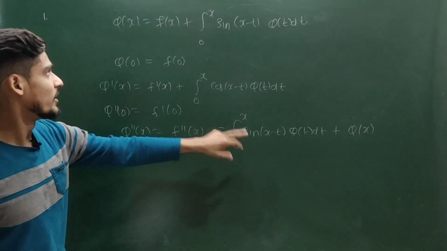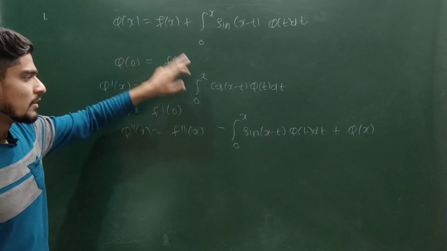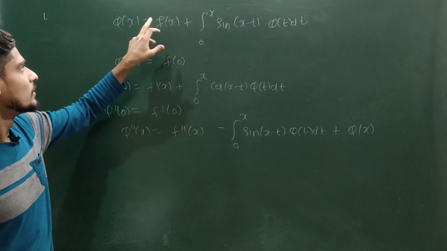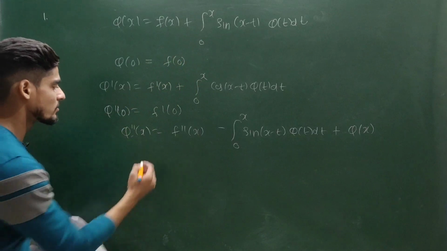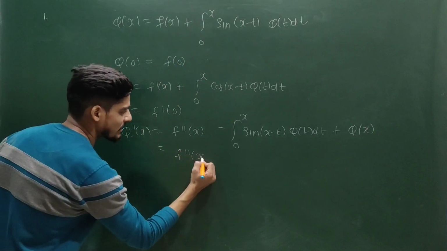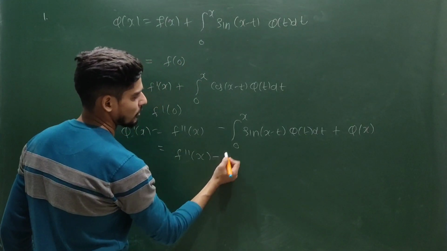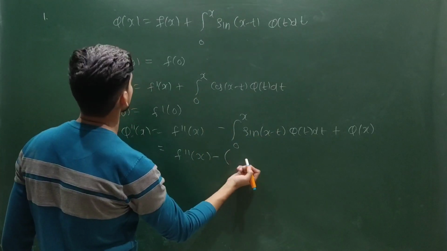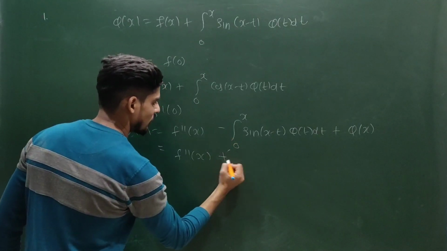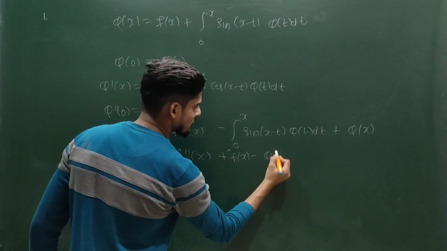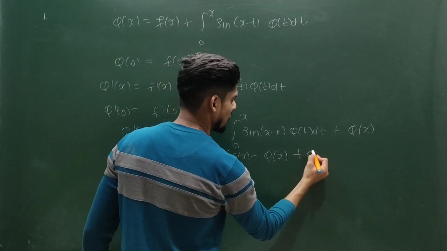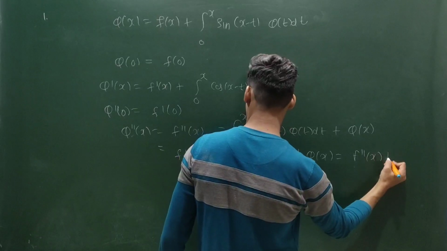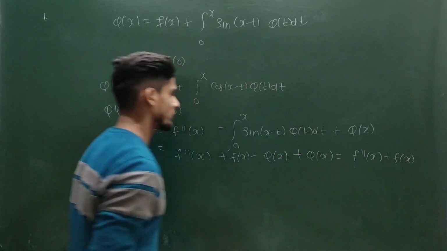Can I put this value from this equation? Minus of integral 0 to x sine x minus t phi t dt will be f x minus phi x. So it will be f double dash x plus phi x, and this negative term in bracket is f x minus phi x, so plus f x minus phi x plus phi x, which is exactly the same as f double dash x plus f x.